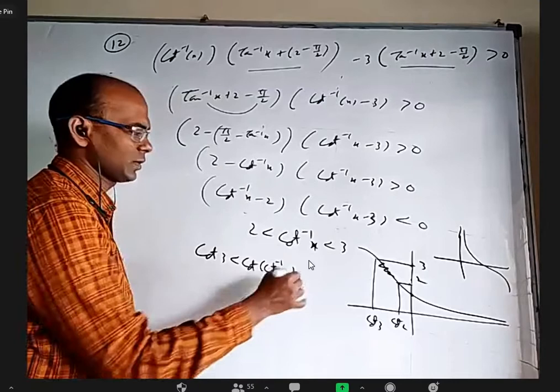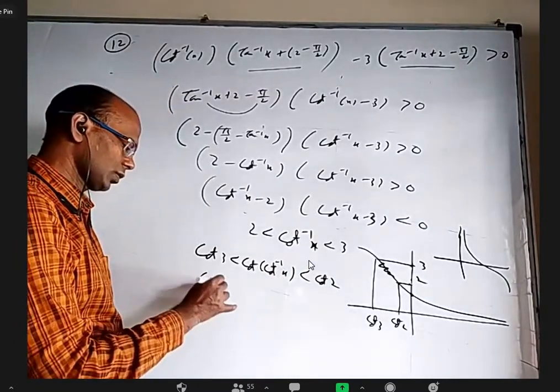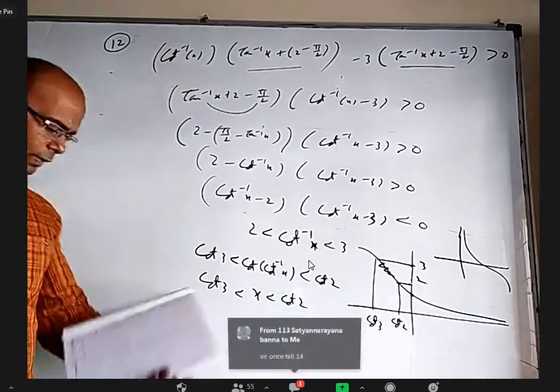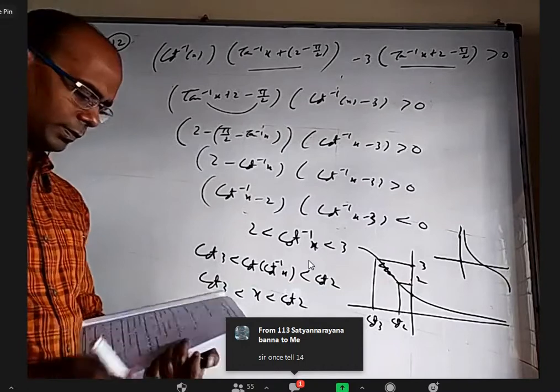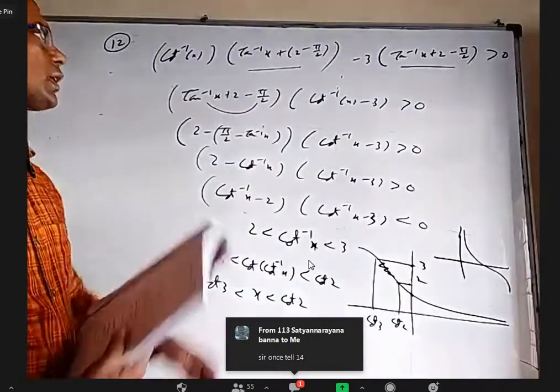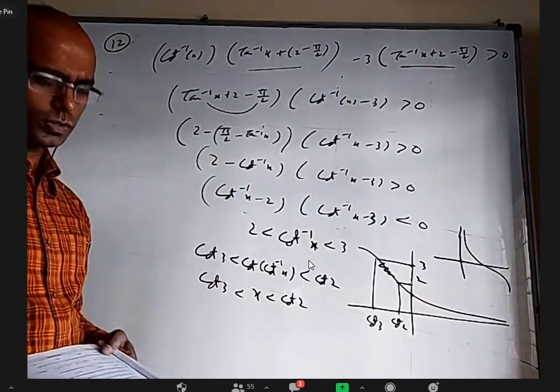Cot inverse x less than cot 2. So that is cot 3 less than x less than cot 2. That is the answer. The main thing is carefully recognizing that you can take something common, and then it is like a quadratic expression in terms of cot inverse x.